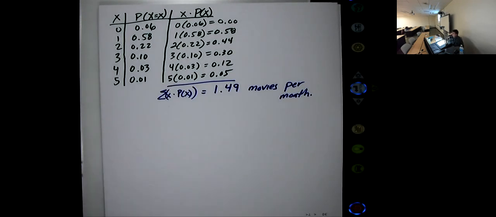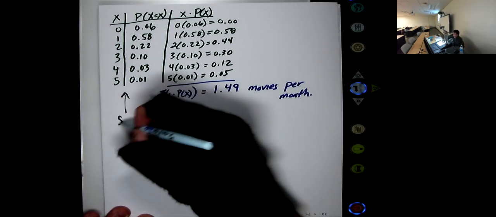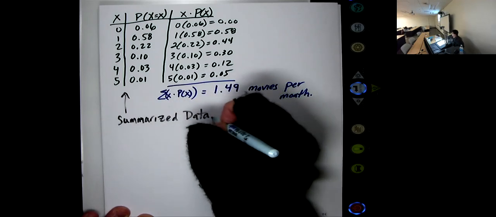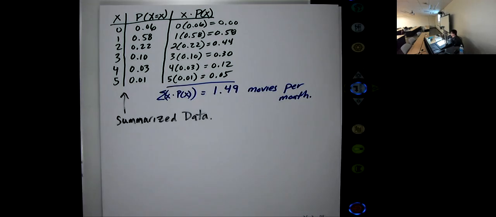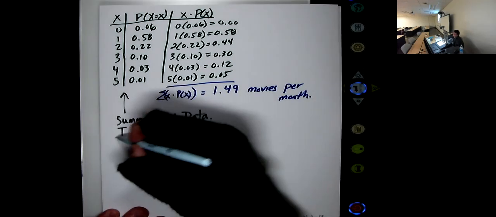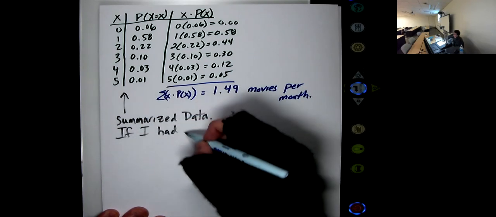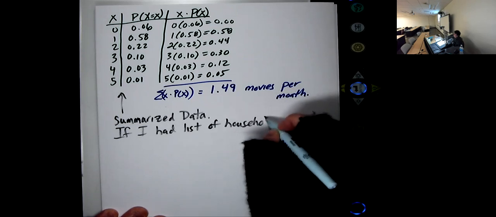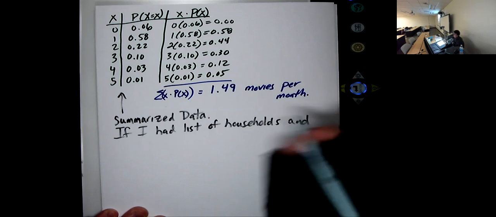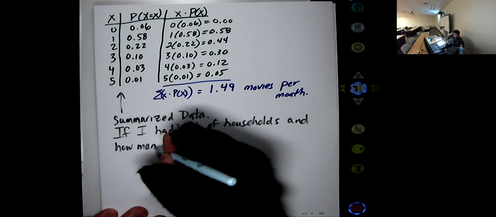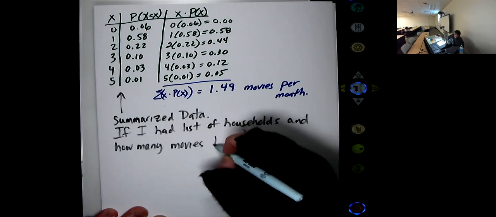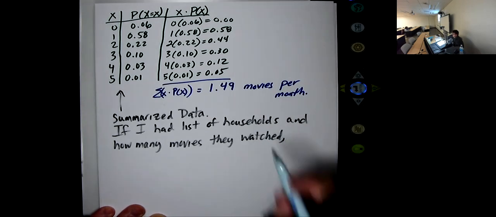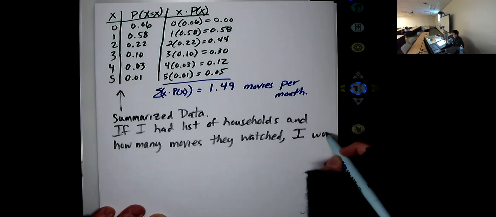Now, this is just summarized data. If I had a list of all the people they used, a list of households and how many movies they watched, I would just find the mean the normal way.